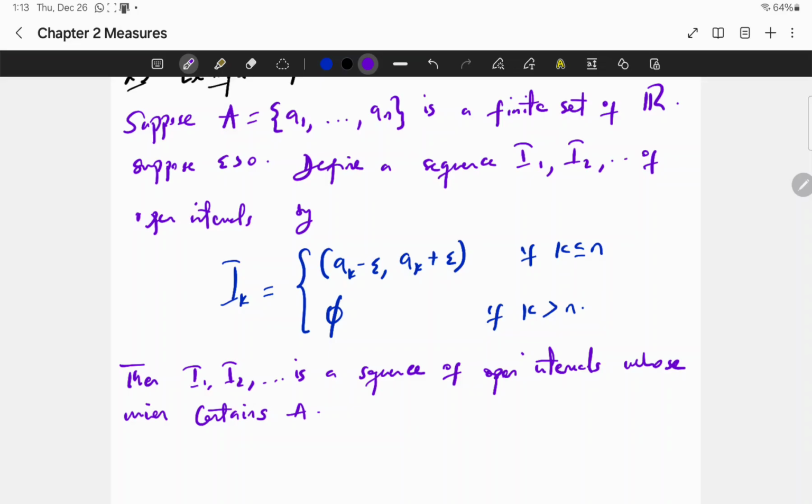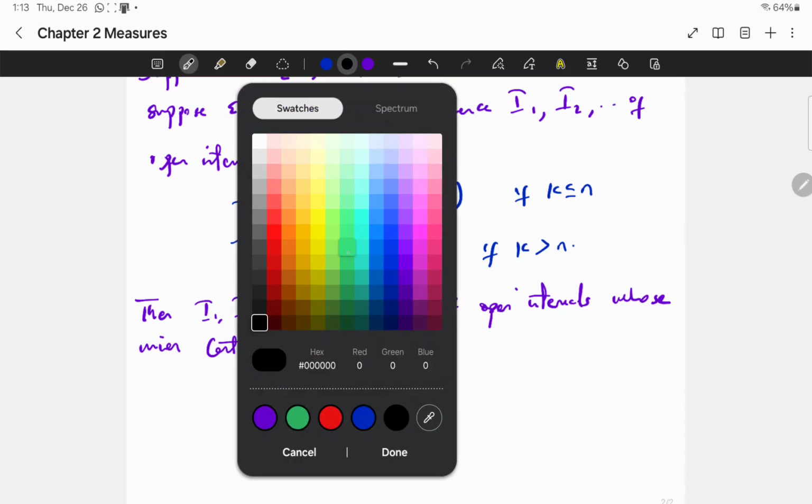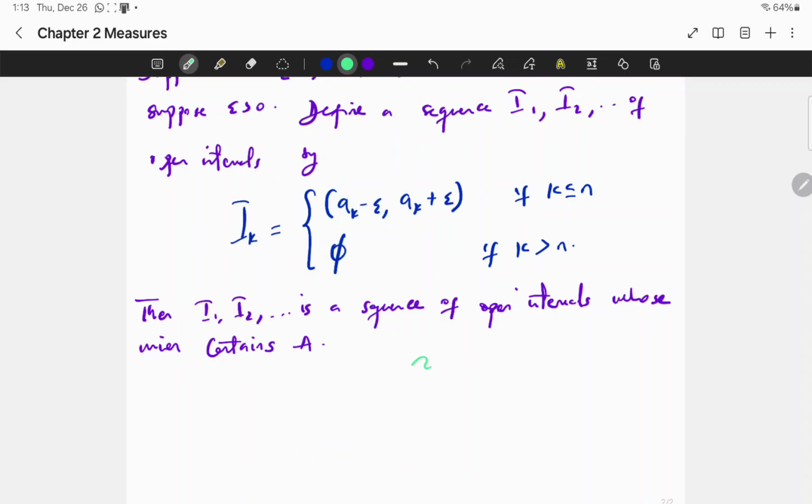So, for illustration, let's have something like this. Assume that this is just one of the points. So we have our A to be A1, A2, A3, and so on.